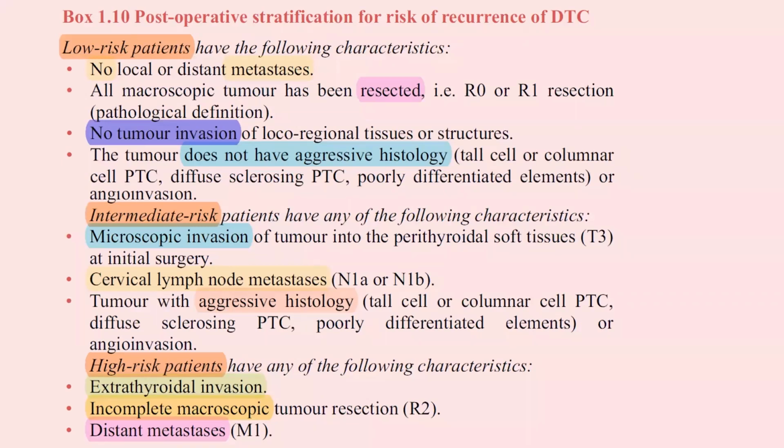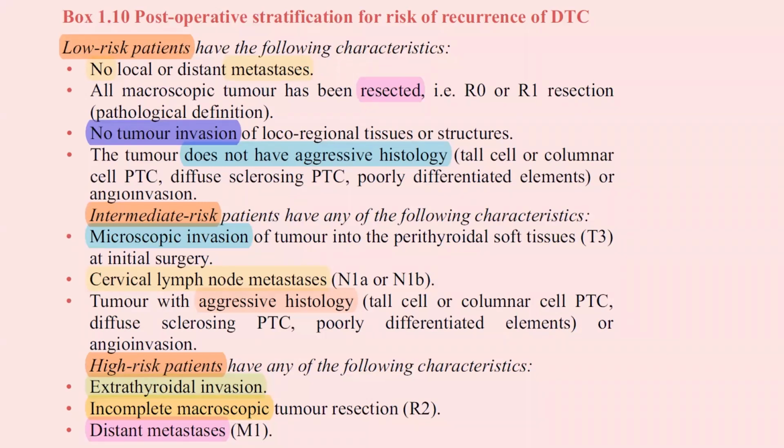In a high risk patient, we should do total thyroidectomy and suppressive therapy. The target of the TSH should be less than 0.1, and the patient should also receive radioactive iodine remnant ablation therapy.